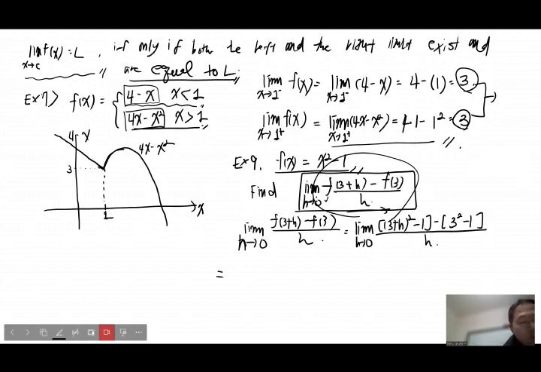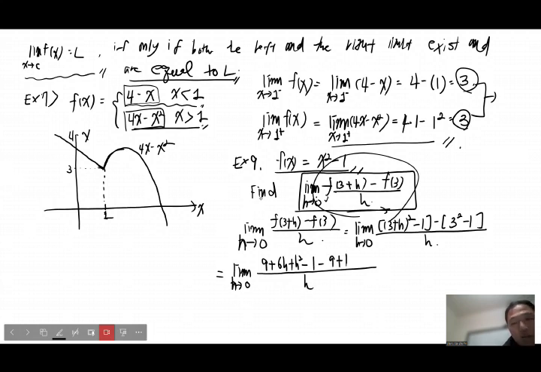If you fully expand it, the numerator should be 9 plus 6h plus h squared minus 1 minus 9 plus 1.